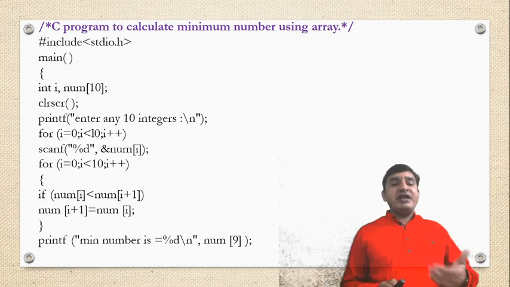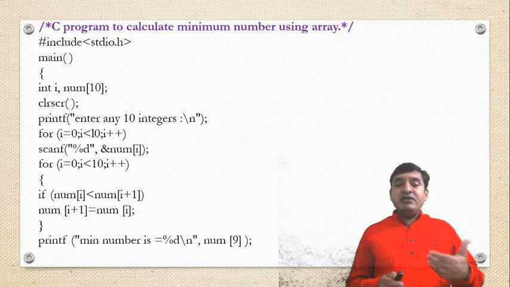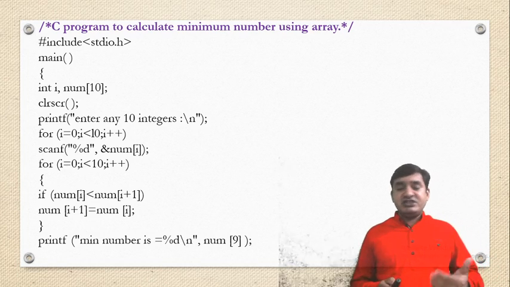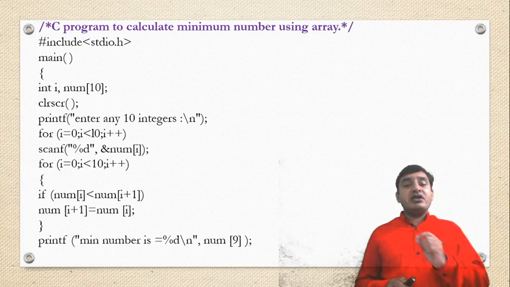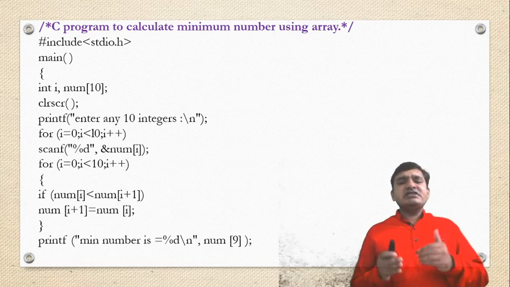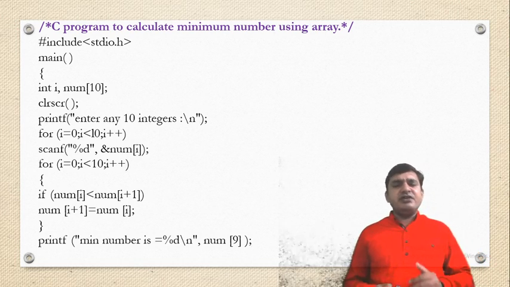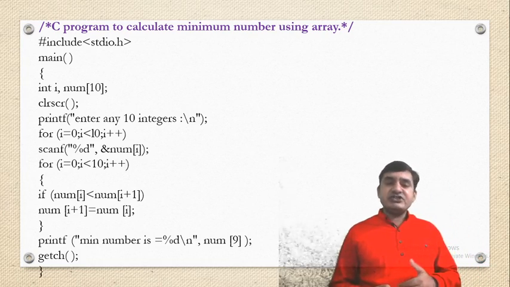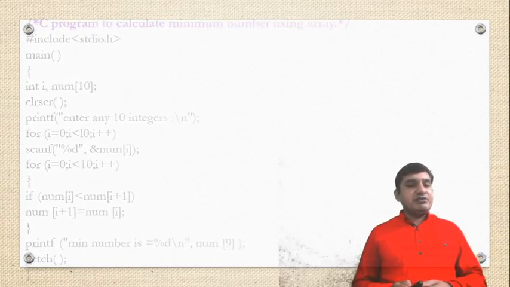Now we have to print the minimum number, that is, minimum number is equal to %d, which is the integer, and num[9]. Here 9 represents the size of the array. Then getch. So this is a very simple program.